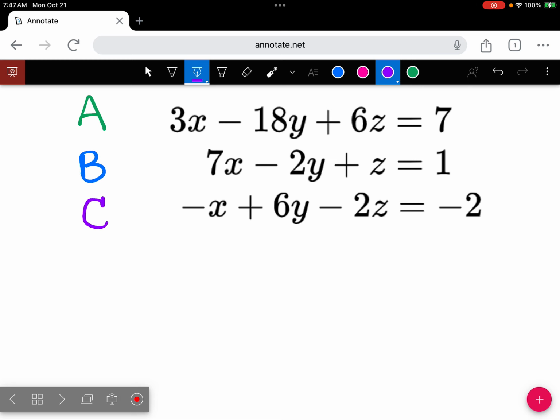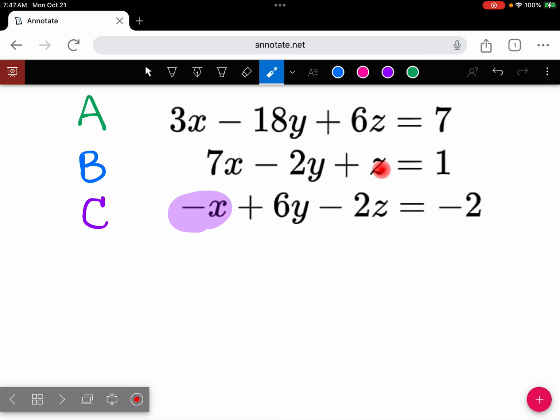So I'm going to go with eliminating out my x's, because I have an x that just has a minus sign in front, so I'll be able to multiply that to get it to eliminate out with the 3 and the 7 very easily.